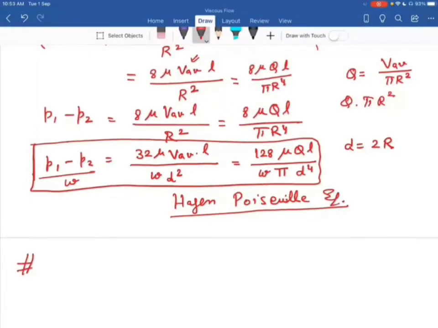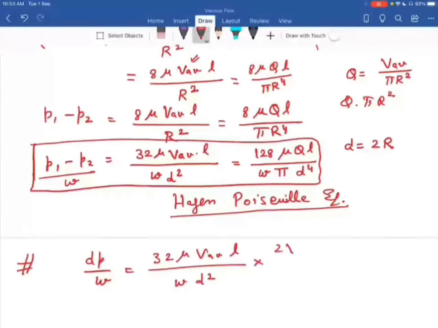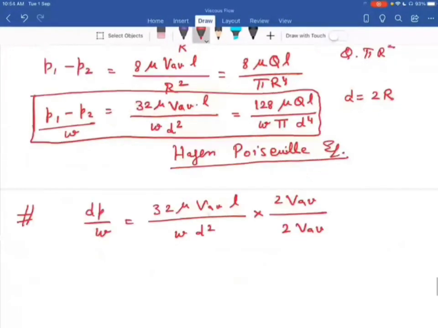If I compare this relation with the Darcy-Weisbach equation, I can write P1 minus P2 as dP by W, that is 32 mu V average L divided by W D square. So I multiply this by 2 times V average divided by 2 times V average. Now I rearrange the terms on the right hand side.